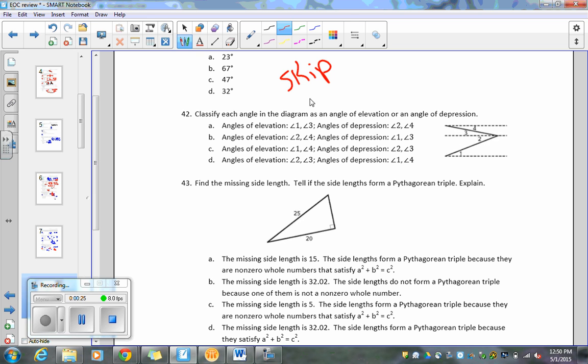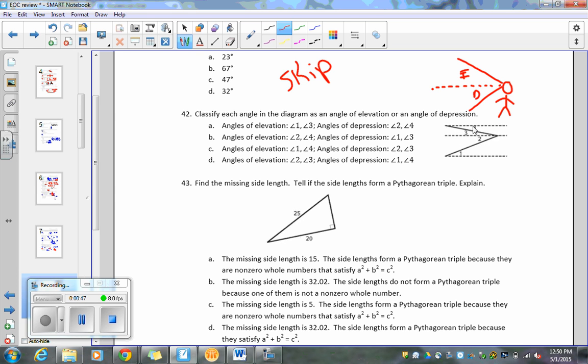All right, classify each angle in the diagram as angle of elevation or angle of depression. Let me draw a quick little picture here. If I have a guy, here he is, and he's looking straight, and that dotted line means straight. Anything above the dotted line would be an elevation. Anything below the dotted line would mean a depression.